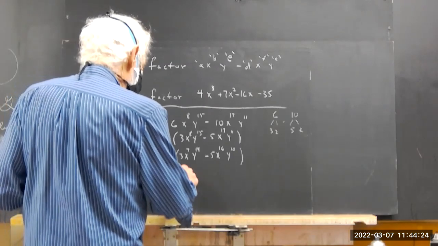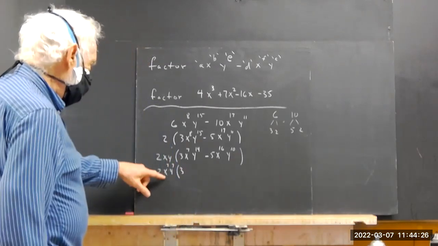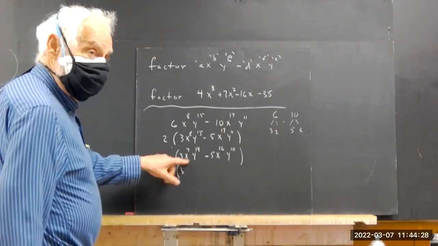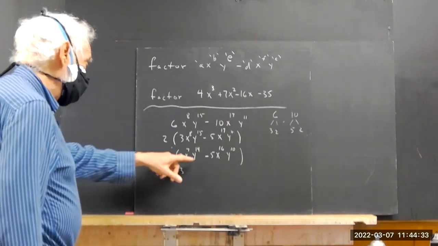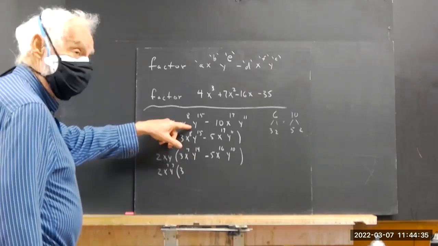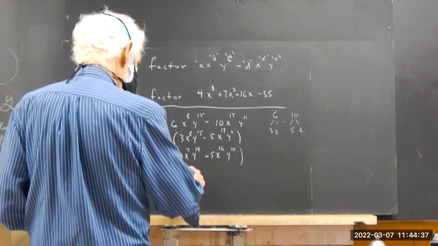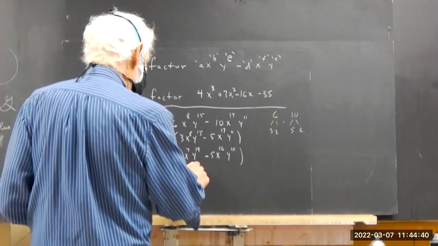Well, I'm going to need the 3 for obvious reasons. I don't need any more x's. I've got x to the 7th. I've got y to the 7th times what gives me y to the 15th? Well, I'm going to need a y to the 8th.